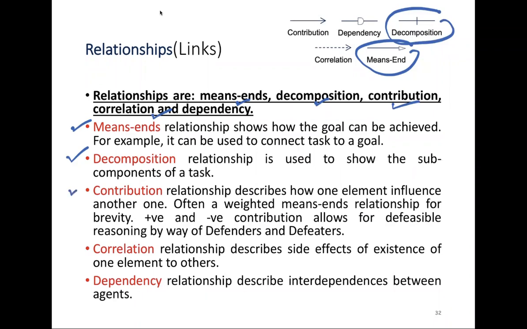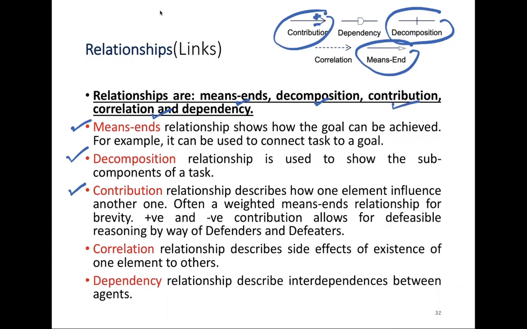A contribution relationship describes how one element influences another one. More or less, it's like a weighted means-ends relationship, and it could have a positive or a negative contribution value on the connection. So I could see a positive contribution, or I could see just negative contributions.